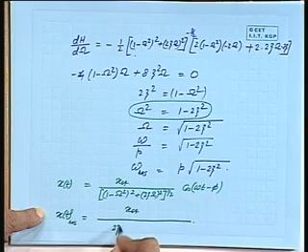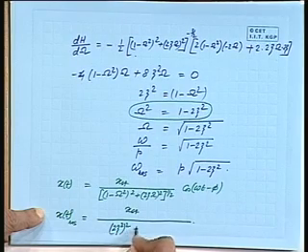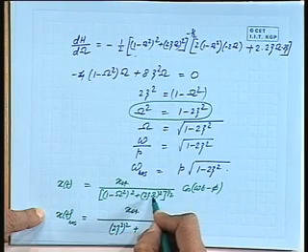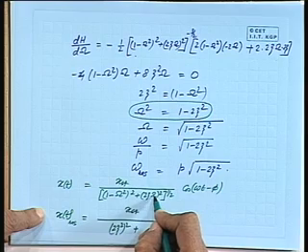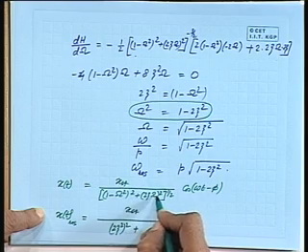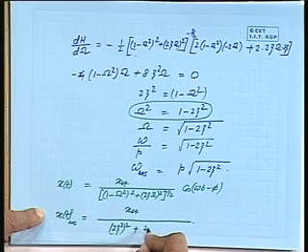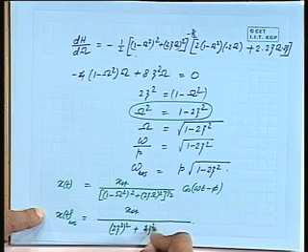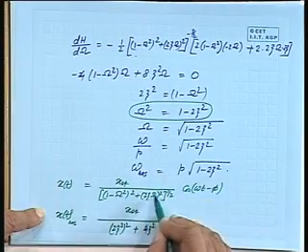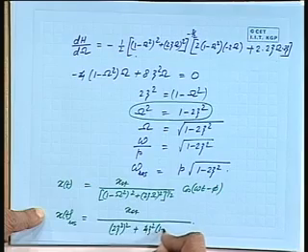Okay. Now, 2 zeta omega square is here, so omega square is this part. So, this is 4 zeta square, and omega square is equal to this.